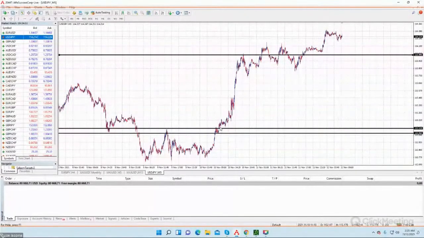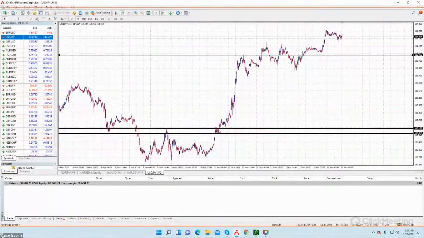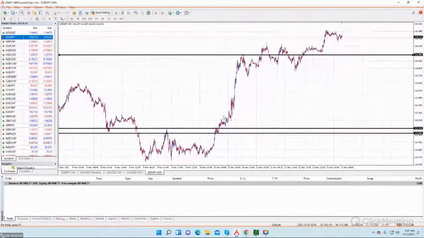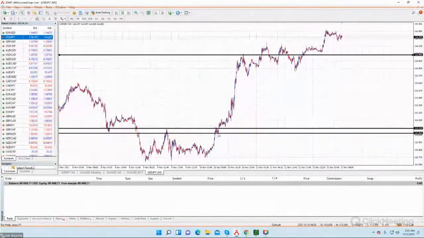But in London time, the price started to spike above 113. At this point, the bank will lose money because he wants to make sure the price action stays under this line, but the price went above it. So if he lost $1 billion, he's going to go with $3 billion. And if he is long $3 billion, he makes a lot of money against the $1 billion he lost. Okay.